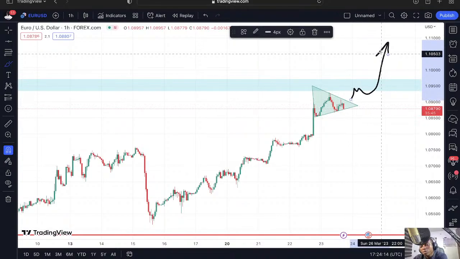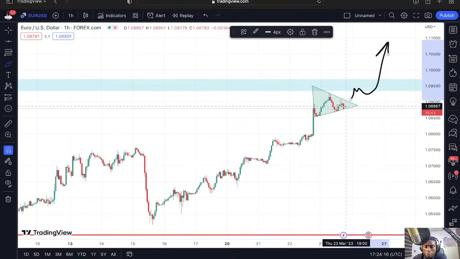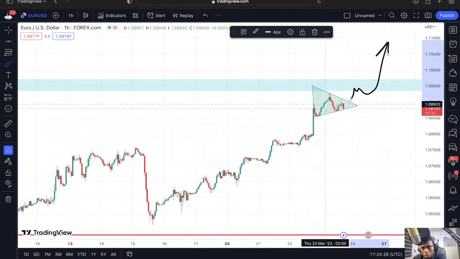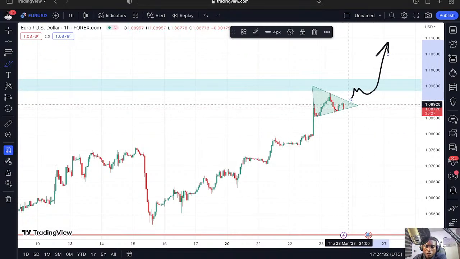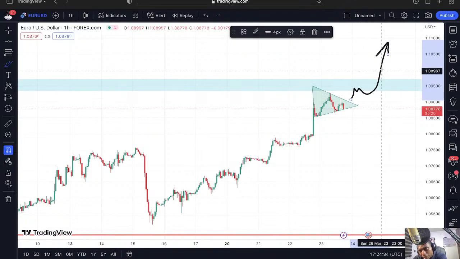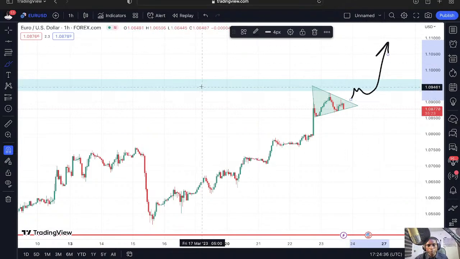This is what I'm expecting price to do; the bullish wedge flag is an indicator. So this is more like our confluence to say we are having a bullish wedge flag at a resistance zone, so this is my expectation for the market. Alright, good.